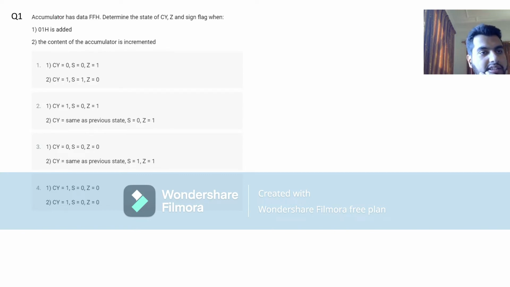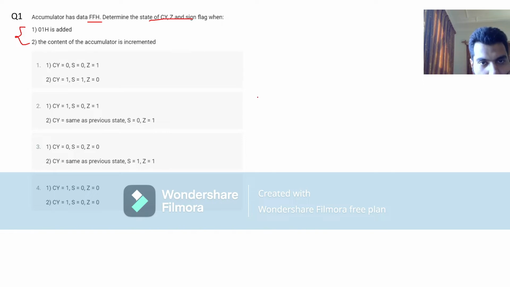The first question says the accumulator has data FFH, and we are asked to determine the state of the carry flag, zero flag, and sign flag when 01H is added and the content of the accumulator is incremented. So we have to find the status of these three flags when these two operations are performed.